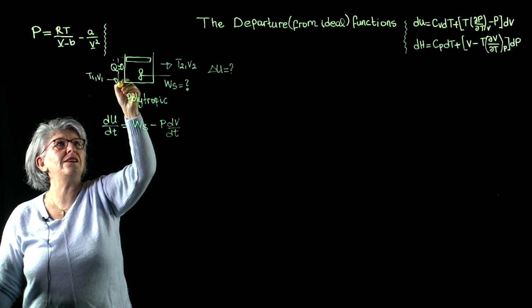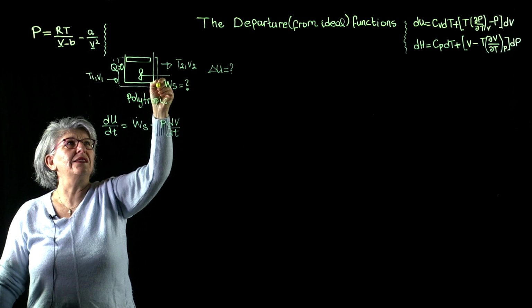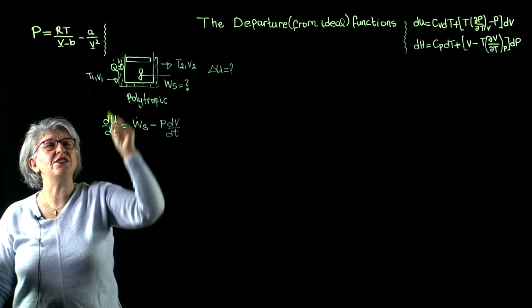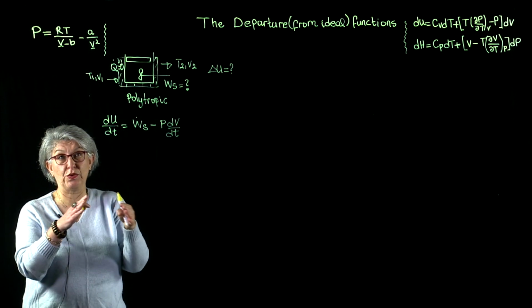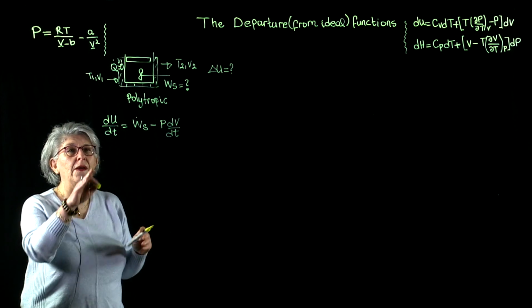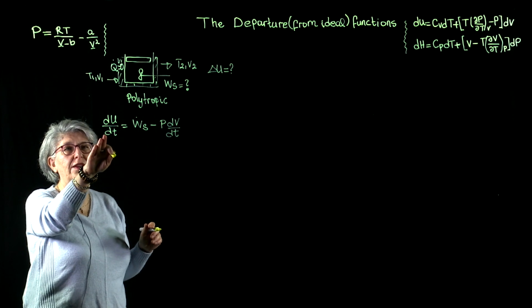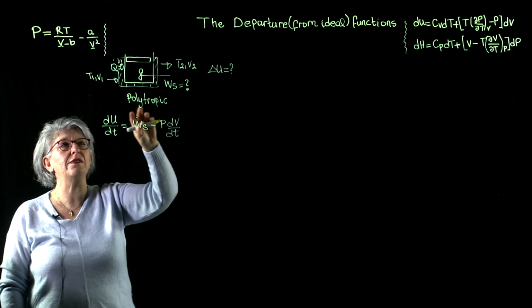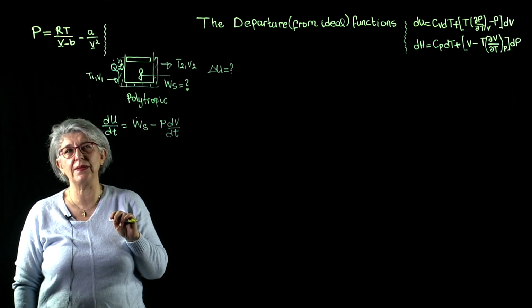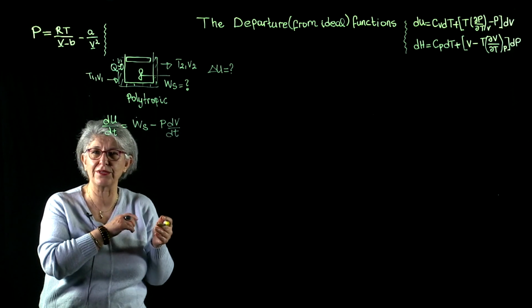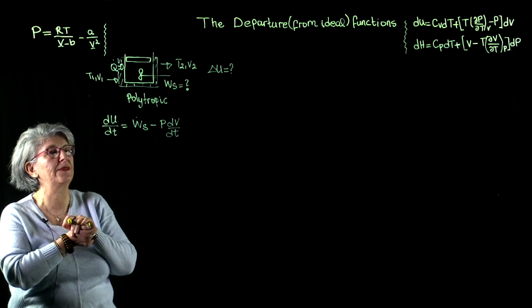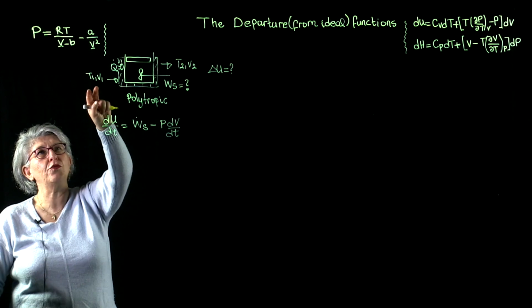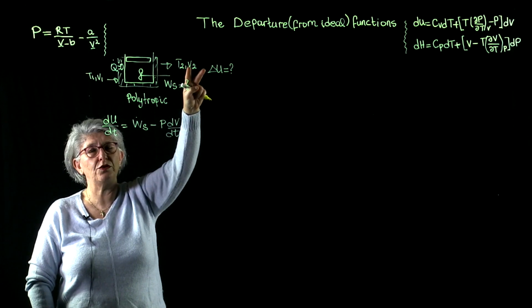So we have an insulation clad so that we don't worry about this. And we can change temperature by expansion contraction also, right? So this is our final form of our energy balance equation. We really don't know whether our process has any constant temperature steps, any constant pressure steps. All we know is that it's a polytropic process going from T1V1 to T2V2.